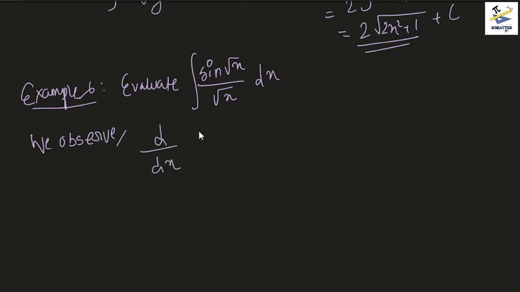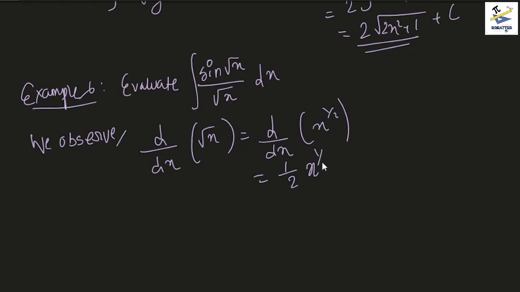d/dx of root x is just equal to d/dx of x to the power 1 by 2. Now we have learned previously that the d/dx of x to the power something is just the power comes out as a coefficient, and the power is reduced by 1, which means it is half into x to the power minus half, or in other words 1 by 2 root x, right?